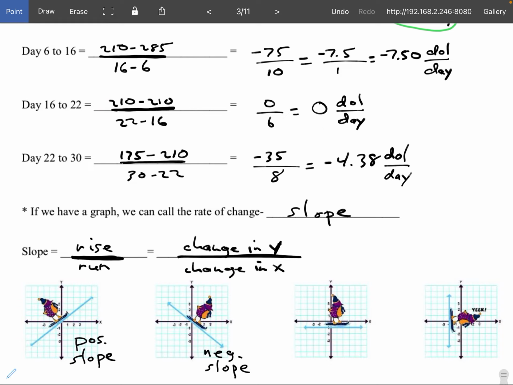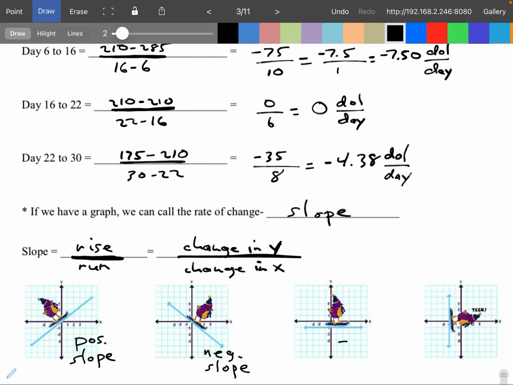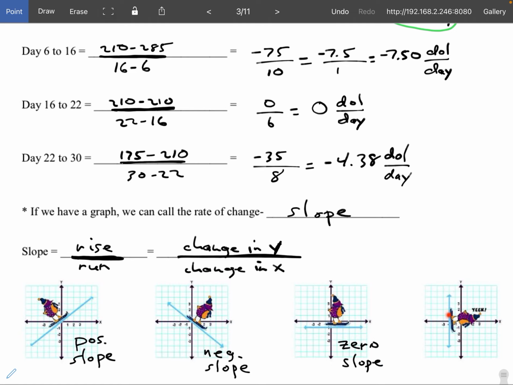Well, that means the y values are not changing, right? They're constant. So what do you think the slope is there? 0. Yeah, it's like the one we had up here. See how the y values were the same? The y values were both 210. So we were really doing the slope. I didn't really tell you that's what we were doing, but this is the slope right here. So the slope was 0. So that one's a 0 slope.